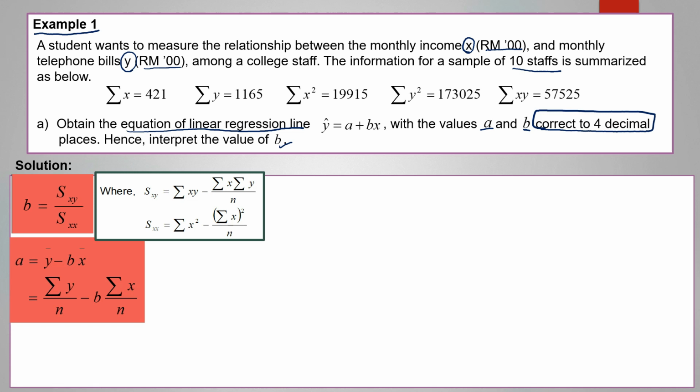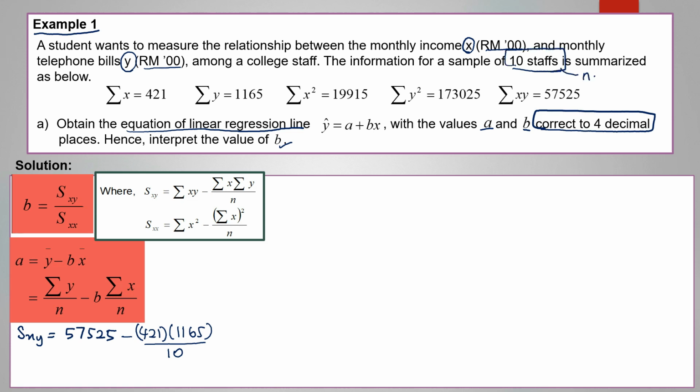So, let's start with Sxy. Sxy is equal to, let's put the values into the formula, sigma xy, which is 57,525, minus 421 times 1165 divided by n, which is 10, because here the question states 10 staff.